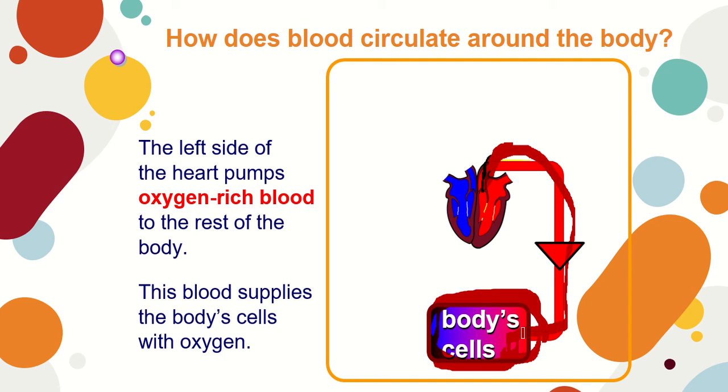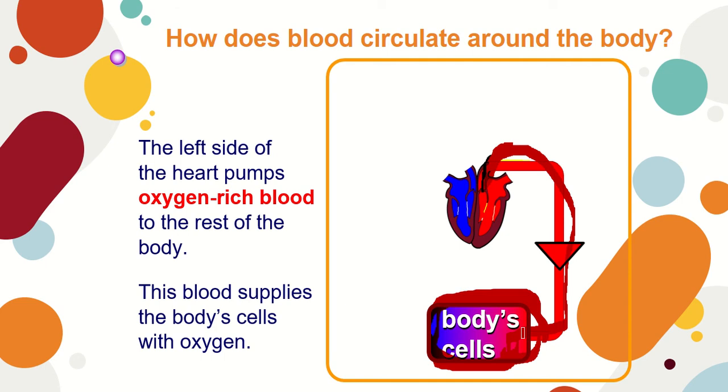Napakahalaga ng blood kasi kailangan niya magdala ng oxygen. Yung oxygen, siya yung magpapa-function sa different parts of the body. Now, kapag bumabagal or nagiging kakaunti yung pagdala ng blood na may dalang oxygen, lalo na pag low blood, there's a possibility na magkaroon ng multi-organ failure.